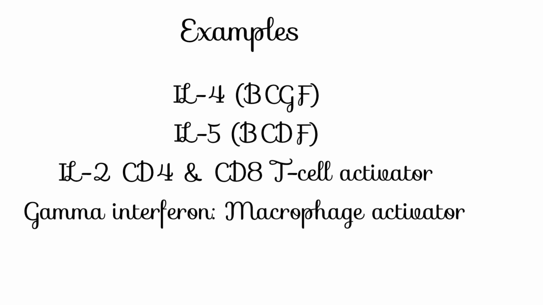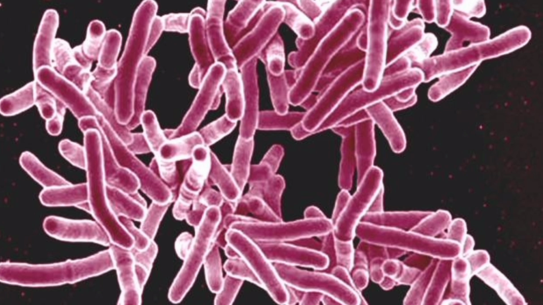The third cytokine that is produced by T cells for their regulatory function is gamma interferon, and this gamma interferon activates the macrophages, and it is the main mediator of the delayed hypersensitivity against the intracellular organisms, and the most common example of this is Mycobacterium tuberculosis.